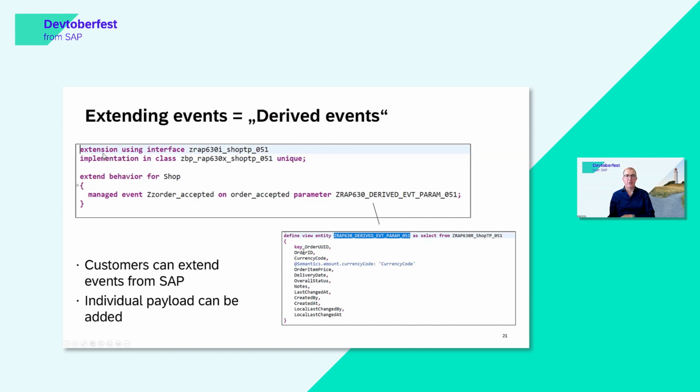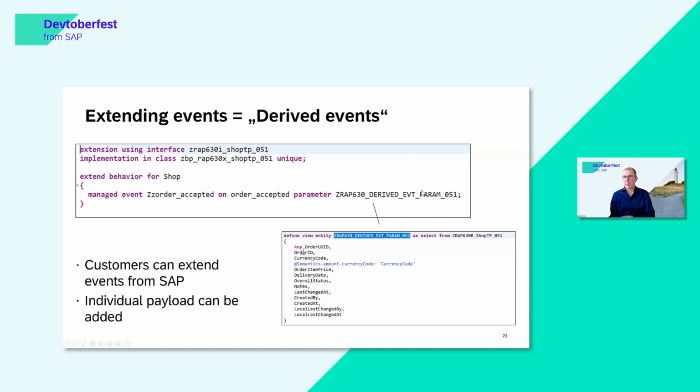So you create an extension, and you extend the behavior of the original RAP business object, and you can define a so-called managed event based on the existing event from SAP. Here I'm using a Z object. So it shows that this can also be used by partners.